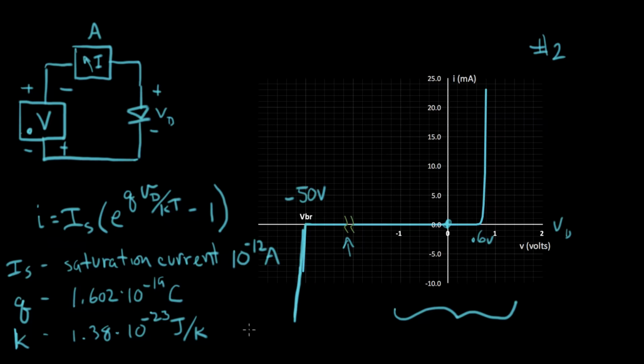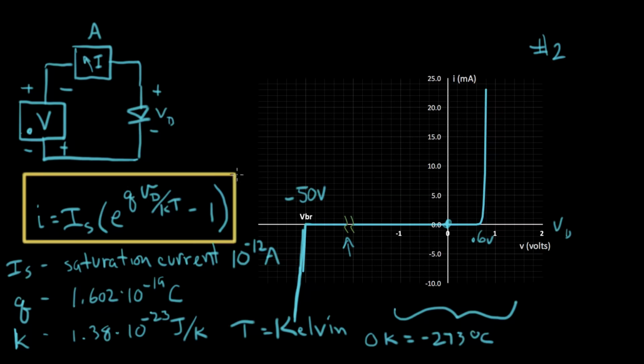And the last variable is T, and that's the temperature, and that's measured in Kelvin with a big K. Kelvin is the absolute temperature scale, so 0 Kelvin equals minus 273 degrees Celsius. Very, very cold. So this right here is the diode equation. That's the diode IV equation.